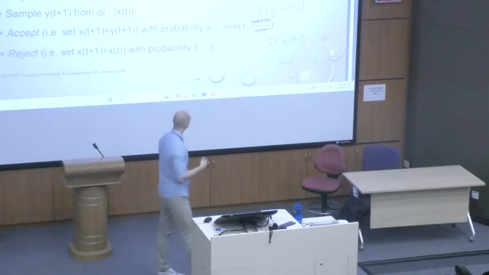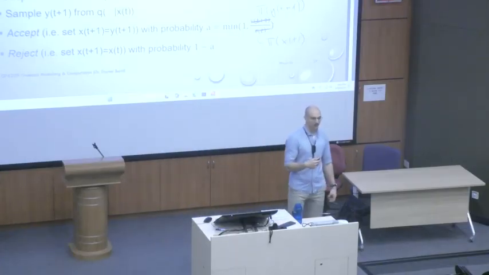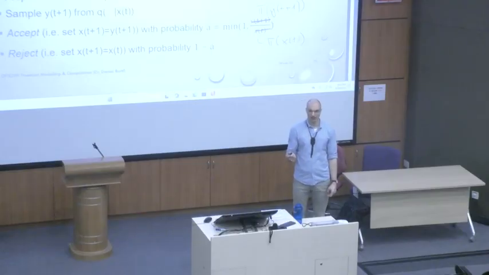The interesting thing is that you do this accept-reject step at random. You don't accept simply if the proposed step has a higher density than your previous step, because what would happen then? You would just run into the maximum of the density.